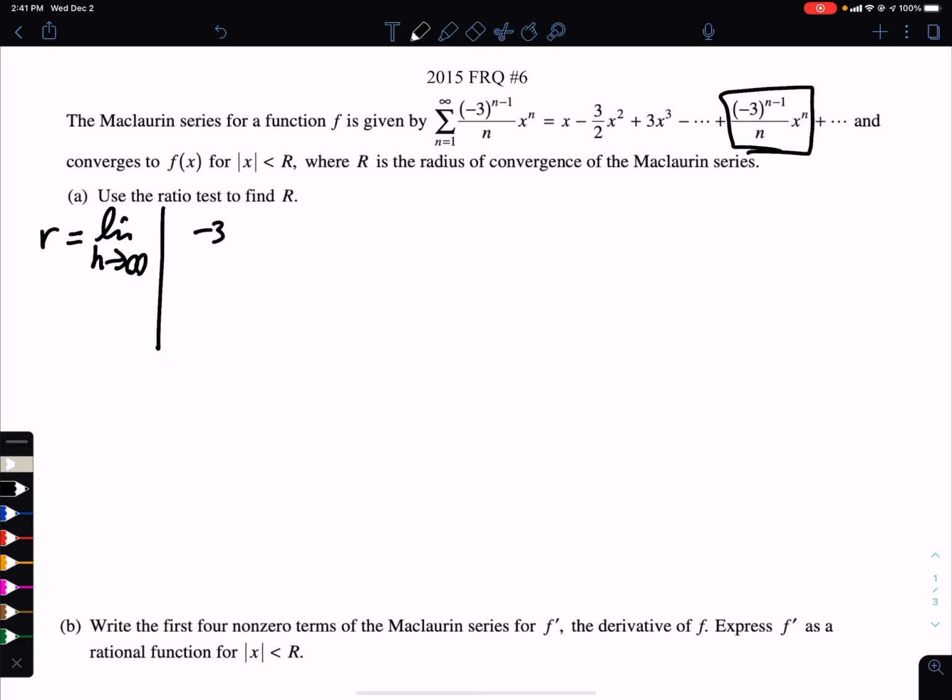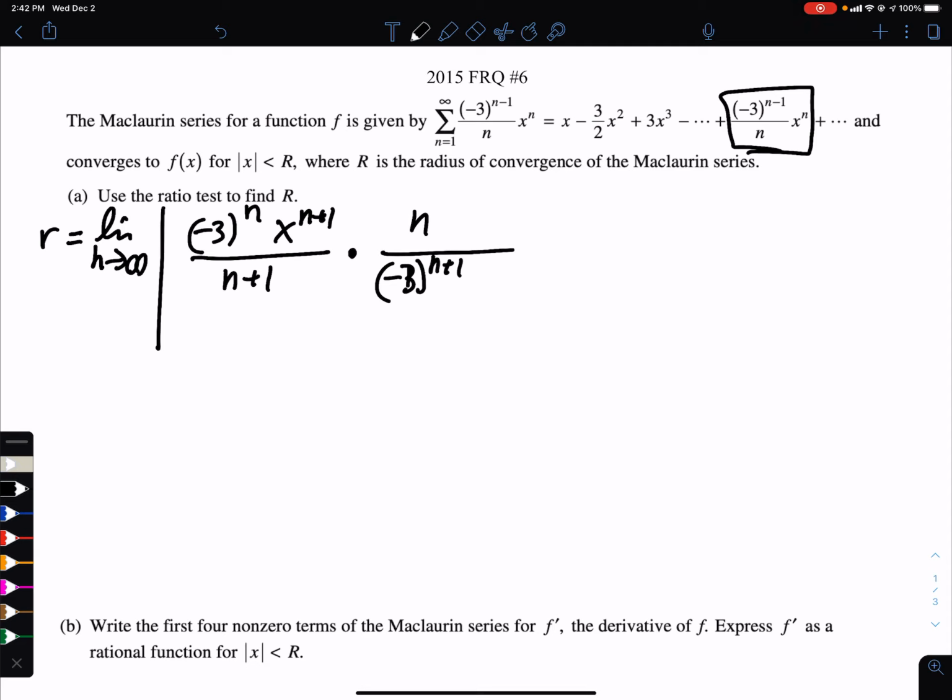And we divide it by the original. But to divide by the original is to multiply by the reciprocal. So we get n over negative 3 to the n plus 1 minus 1, and x to the n.